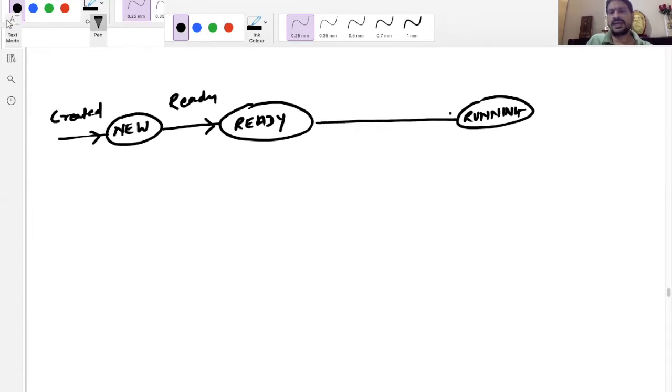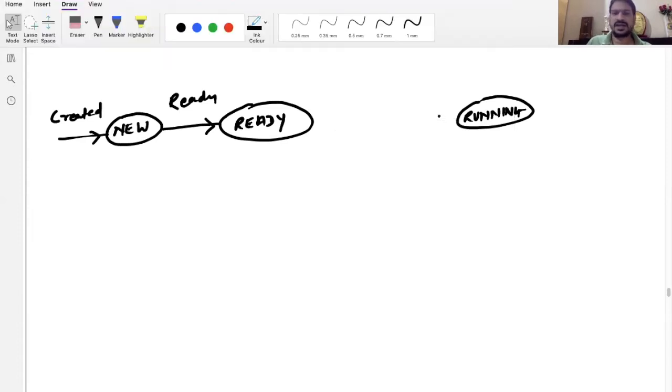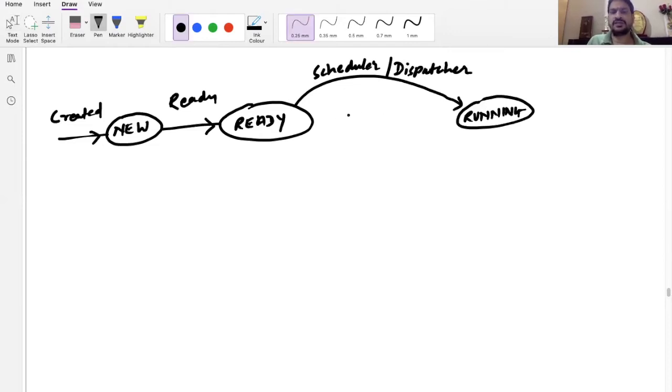And who will take the process to the running state? There is a scheduler or dispatcher. Okay. Scheduler or dispatcher will take the process from the ready queue to the running state.